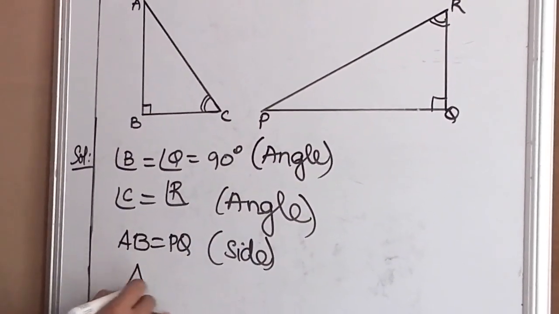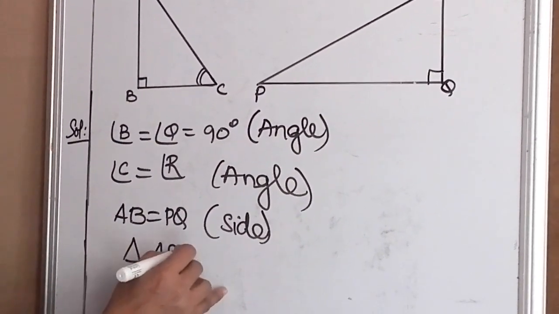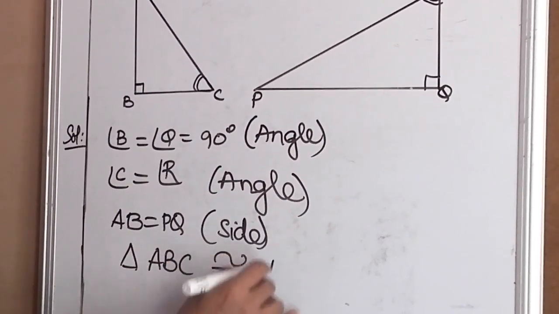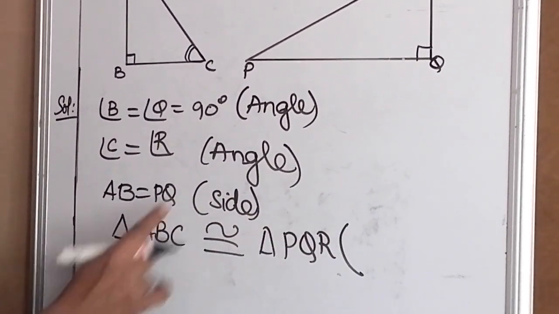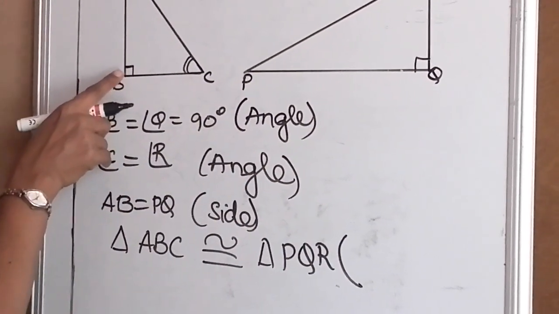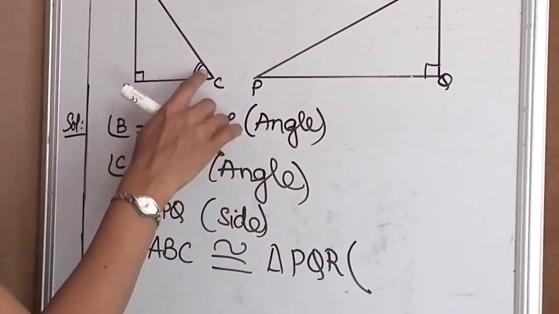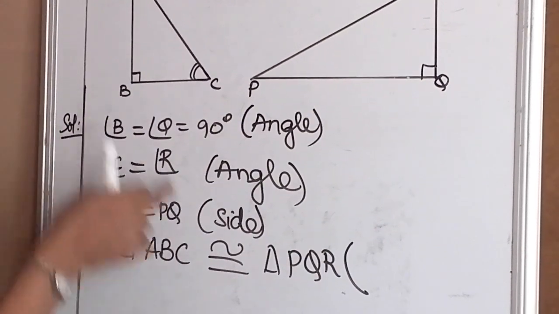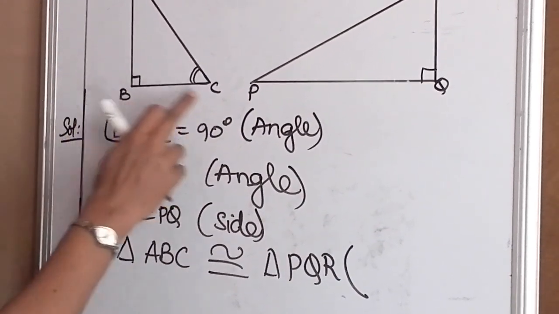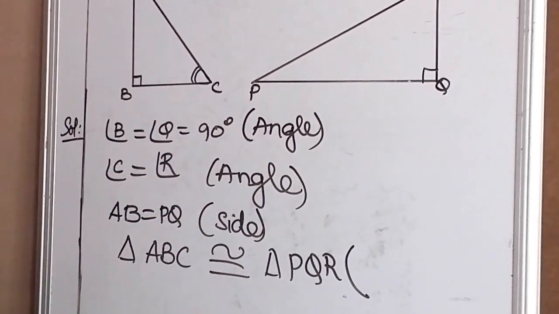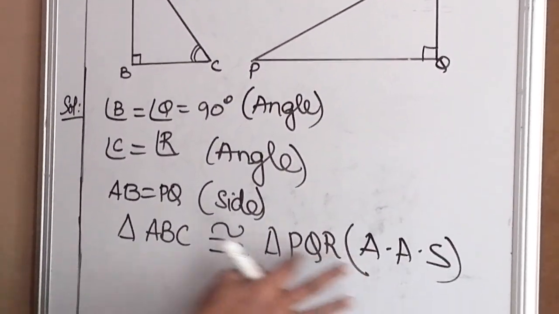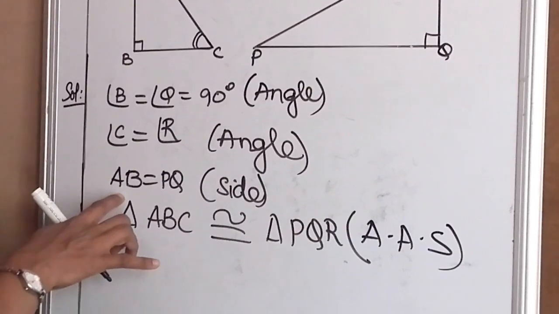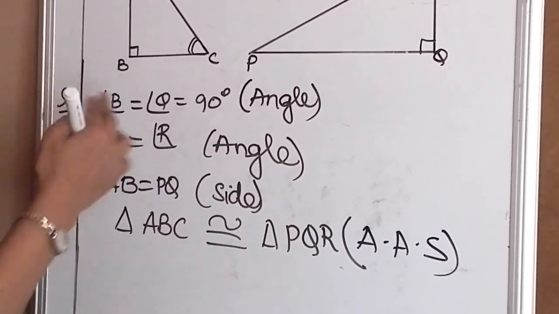So according to this, triangle ABC is congruent to triangle PQR. So let us see what this is. 90 degrees. Then angle C they have given. Then they have given the side. So AAS. According to that, you know that these two are congruent to each other. This is the first case. Now let us take the second part.